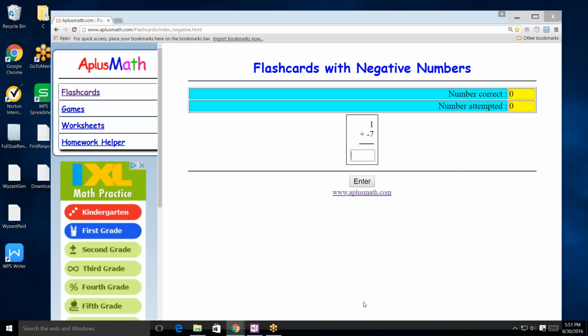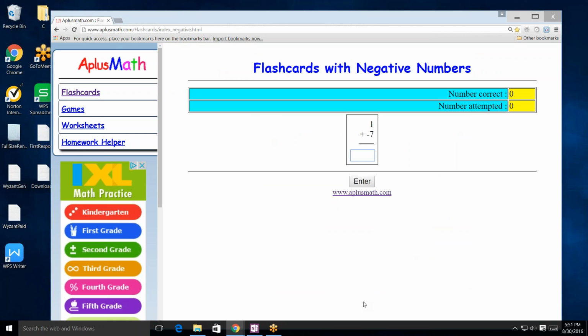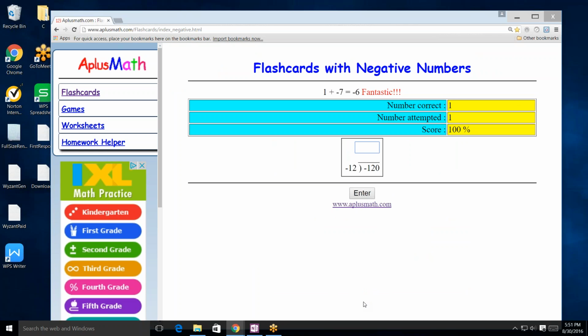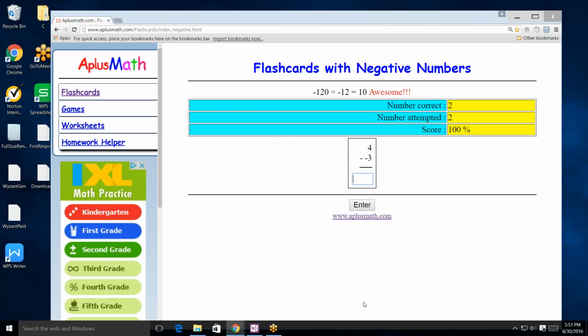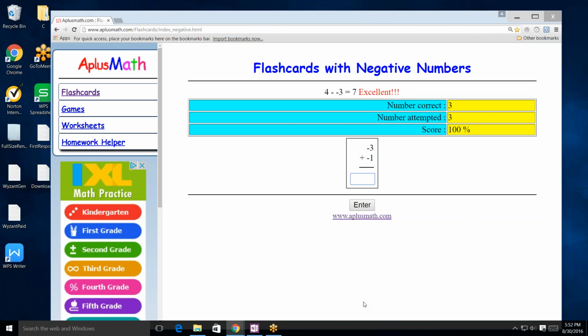Oh, sorry. That's going to be negative 6. 10. 7. Negative 4. Negative 1.